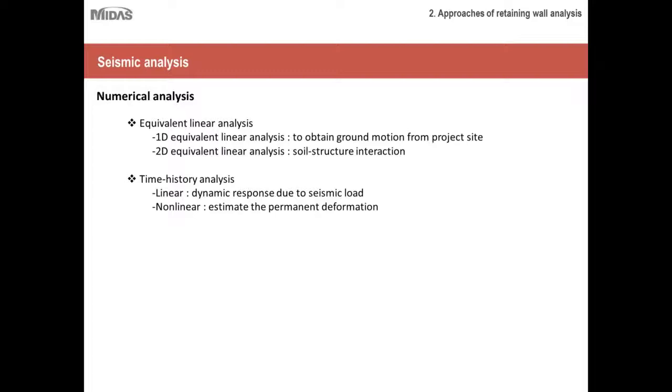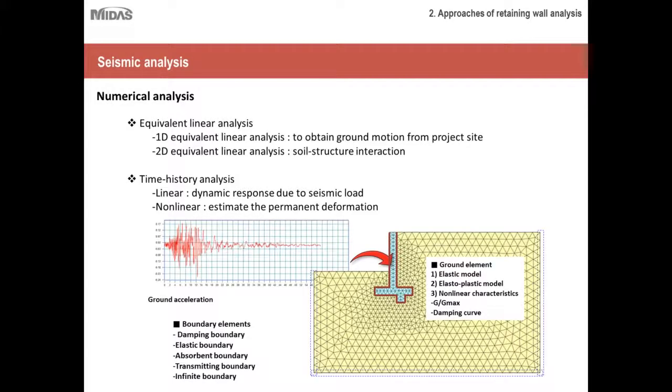You can consider it similar to pseudo-static analysis, if you really want to draw an analogy. But time history analysis has two branches, linear and non-linear, and linear analysis is useful for determining the dynamic response due to seismic loading.